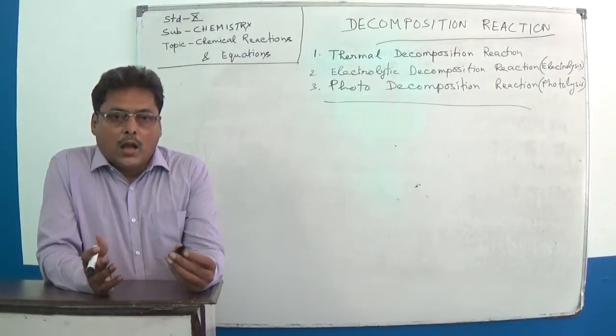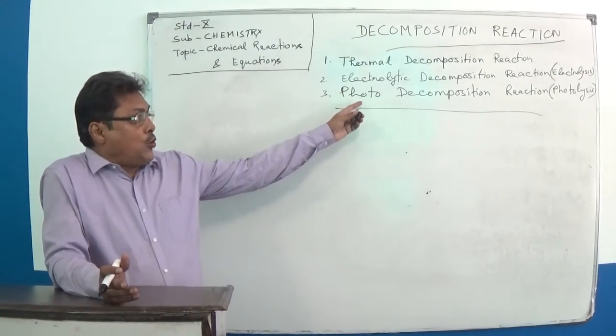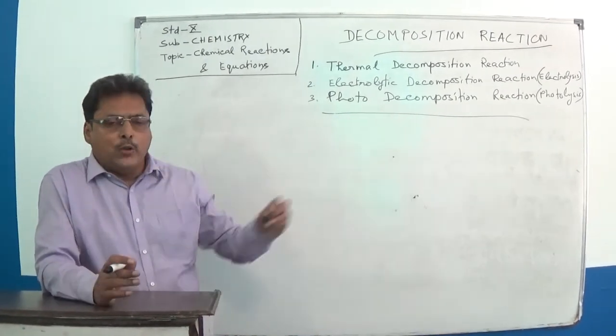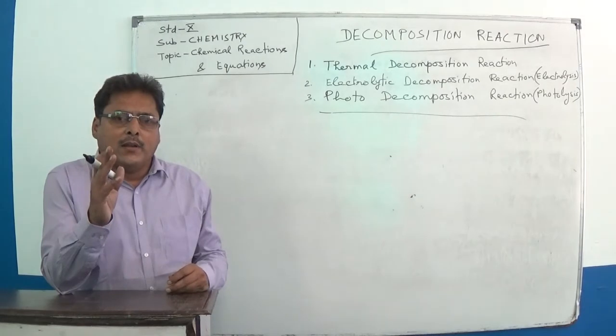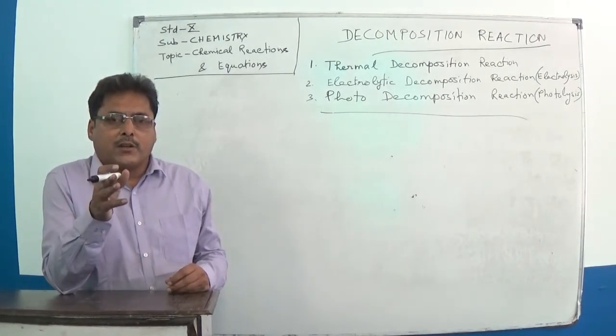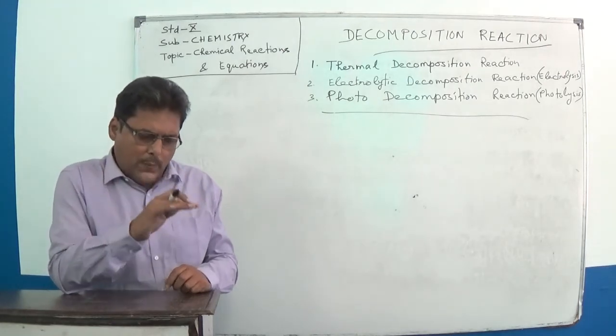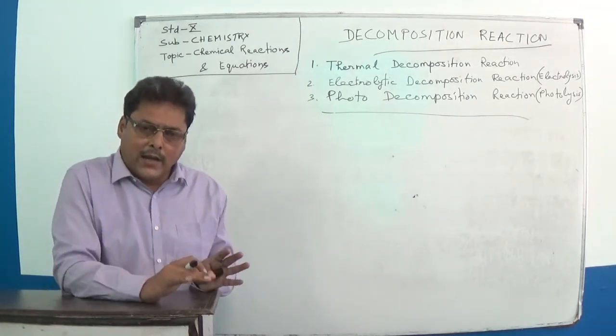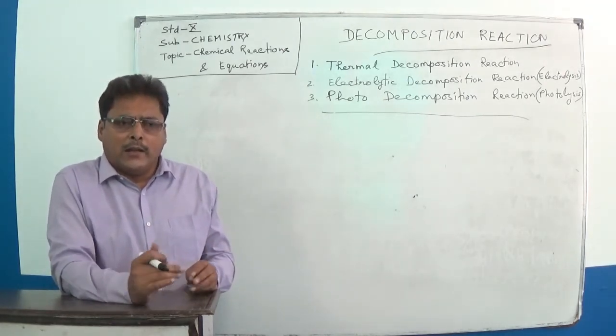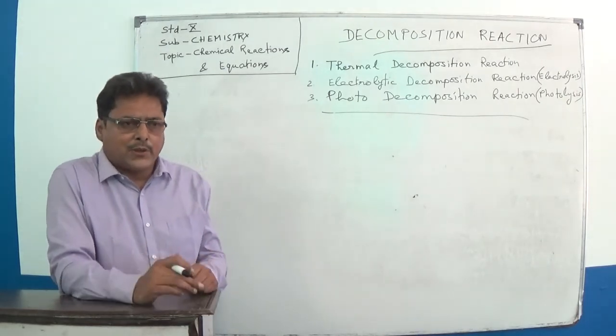Now the last one, the photo decomposition reaction, where usually sunlight affects the decomposition reaction. We have also prepared an experimental slide on it, but let me give you a simple example.